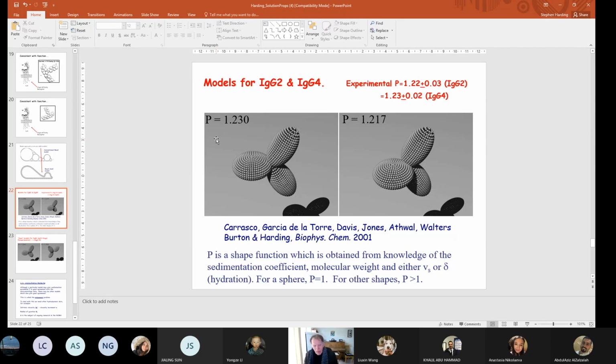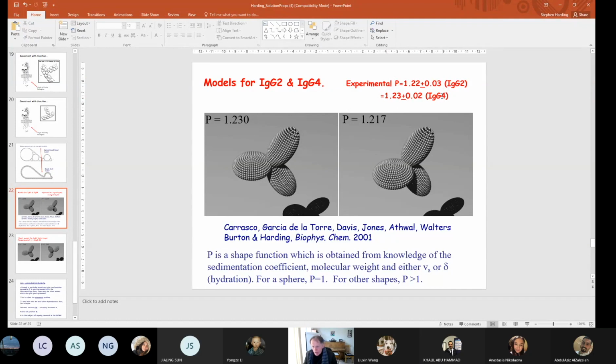And if it's greater than 1, it means we have something which is departing from a sphere. So from our measured sedimentation coefficient on the antibody molecule, we can work out what the P value for our antibody molecule is, and we get these conformation P values for IgG2 of 1.22 and IgG4 it's 1.23, very close.